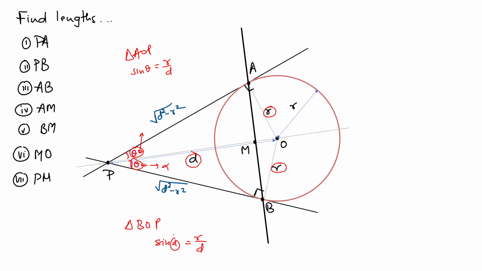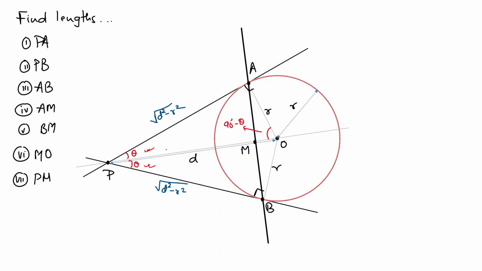And that's why this alpha and theta would be equal, because this alpha or theta, whatever this is, is going to be acute. You can move this point in whatever direction, wherever you want, just keep it external, and you will see that these angles are going to be acute. So these two angles are equal, and then because of that, this angle is 90 degrees minus theta, and this angle is also 90 degrees minus theta.